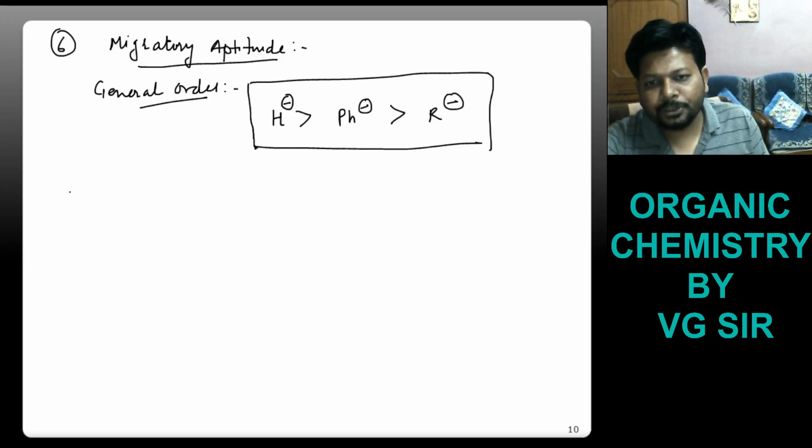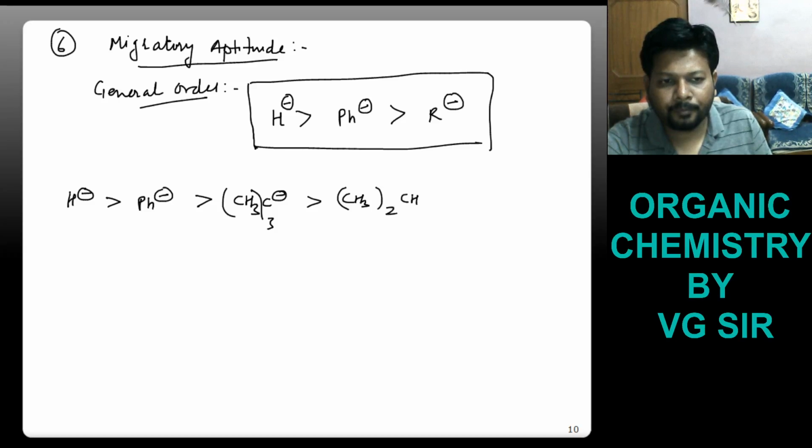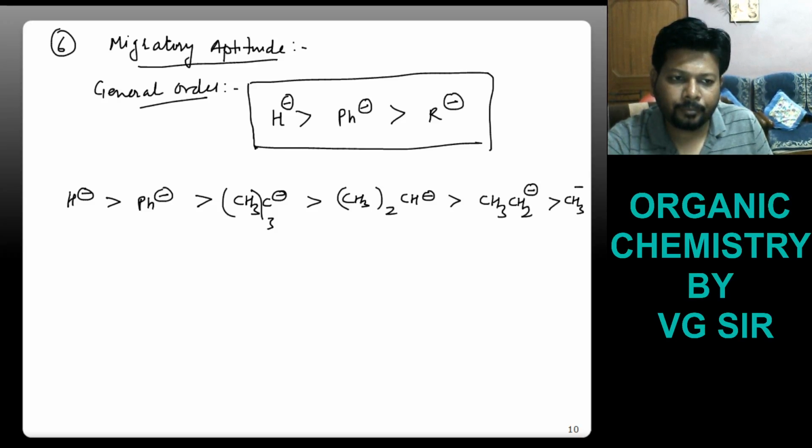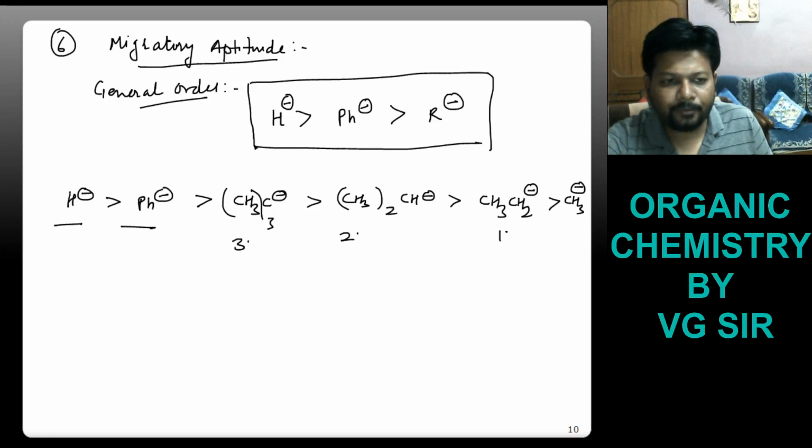If we elaborate this order, this will be the order: hydride, phenyl, then 3 degree, then 2 degree, then 1 degree, and then methyl.